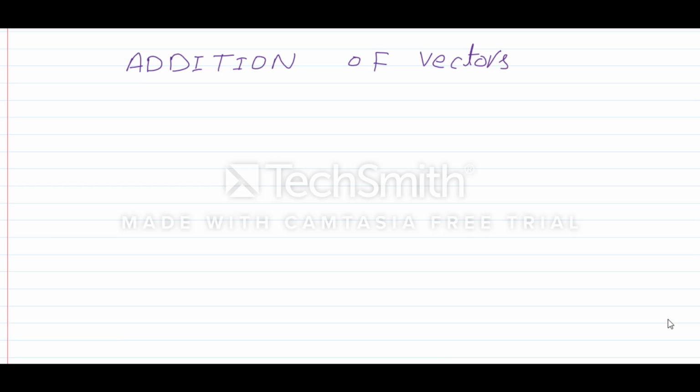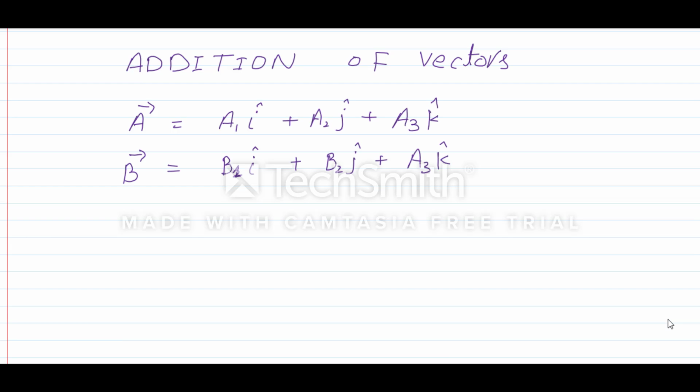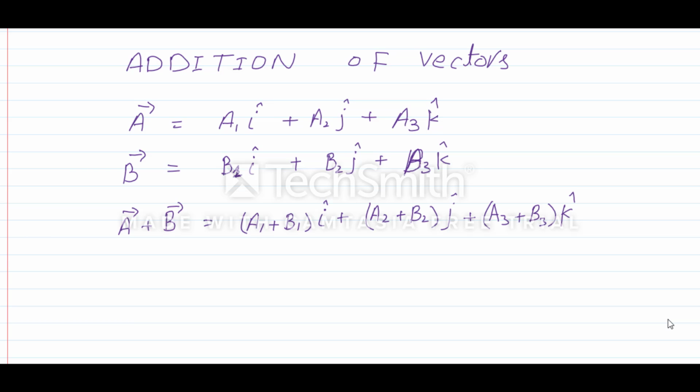Students, our next topic is addition of vectors. Let A and B are two vectors. To add these two vectors, we will add their corresponding components. One can say we have added a1 and b1 while i is common.